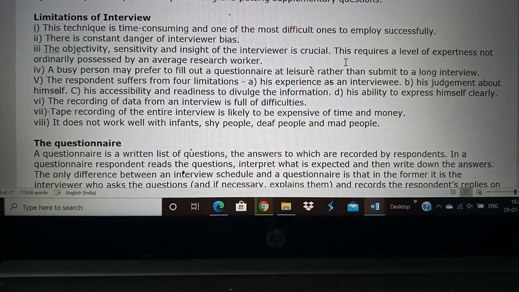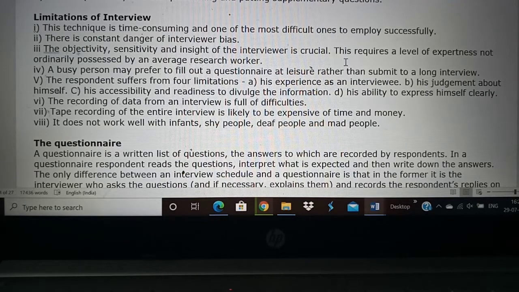If you are an expert interviewer, then you will be able to understand in what context the person is talking and what meaning the person is giving. That will help you in providing data which is relevant and objective, instead of having interviewer bias. Many people, both the researcher as well as the subjects, will prefer a questionnaire because of the time consumption instead of having a long interview.